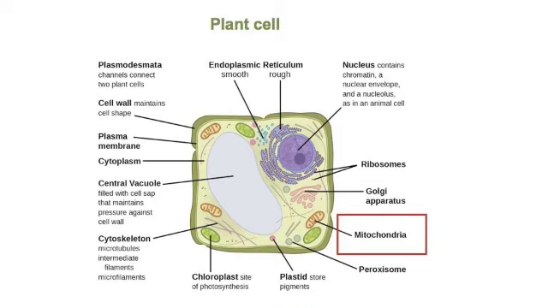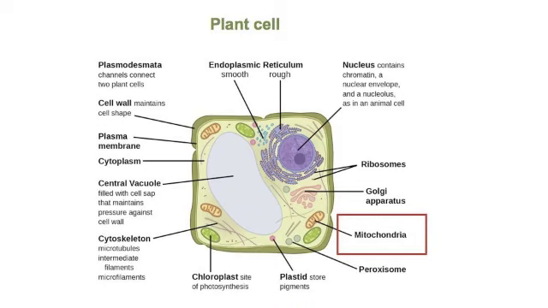So in these next two slides, we're going to contrast the cells of plants, or producers, autotrophs, with that of animals, heterotrophs, or consumers. So in this slide, we see a plant cell. Notice the cell wall, notice the mitochondria, and notice the chloroplast.